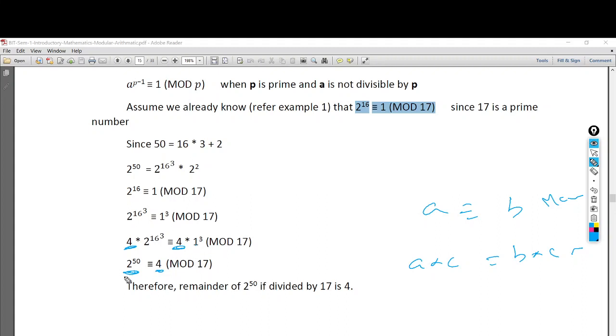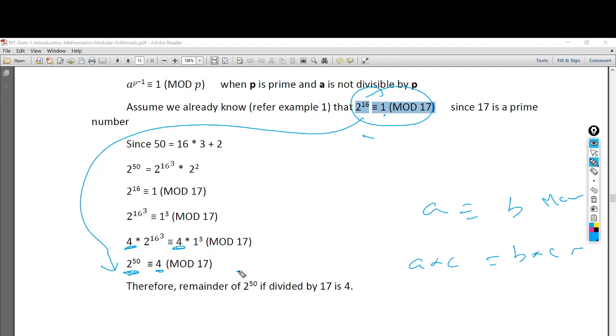Now you can see that from this one we managed to get this one by applying valid modular arithmetic rules, right? Now it says 2 to the power 50 is congruent to 4 in mod 17.